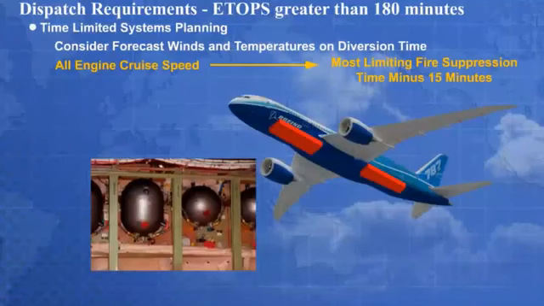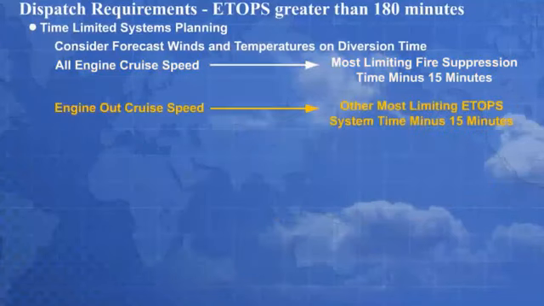Typically, the cargo fire suppression system defines this time limit. In addition, the diversion time at one engine inoperative speed may not exceed the airplane's other most limiting ETOPS significant system time minus 15 minutes.